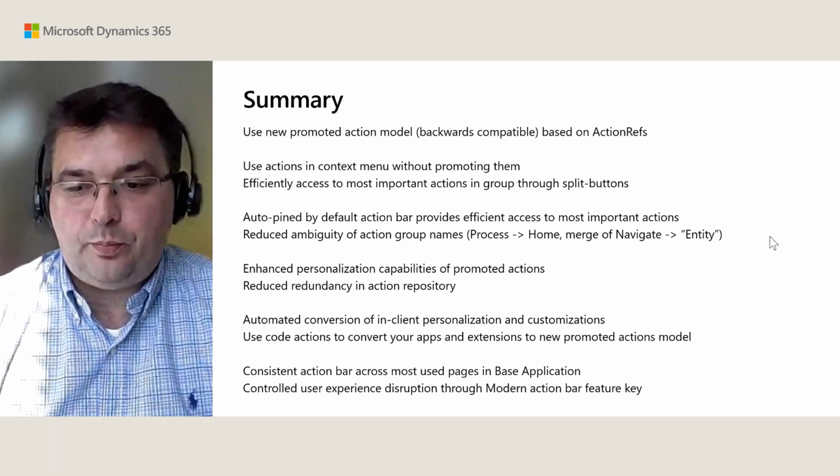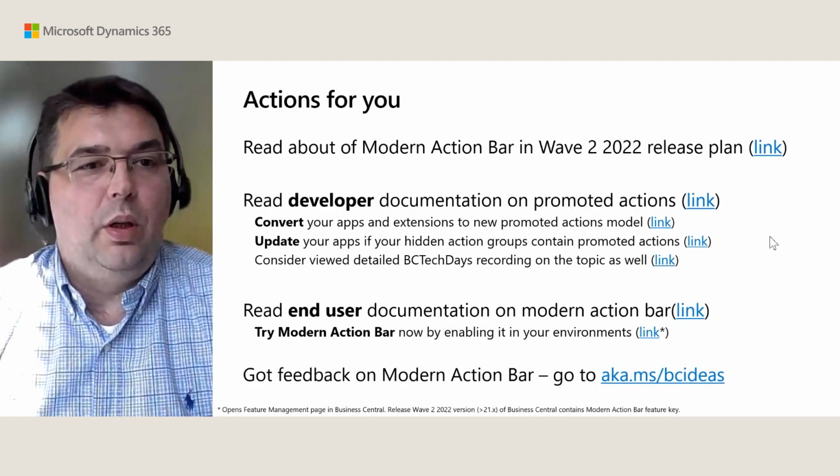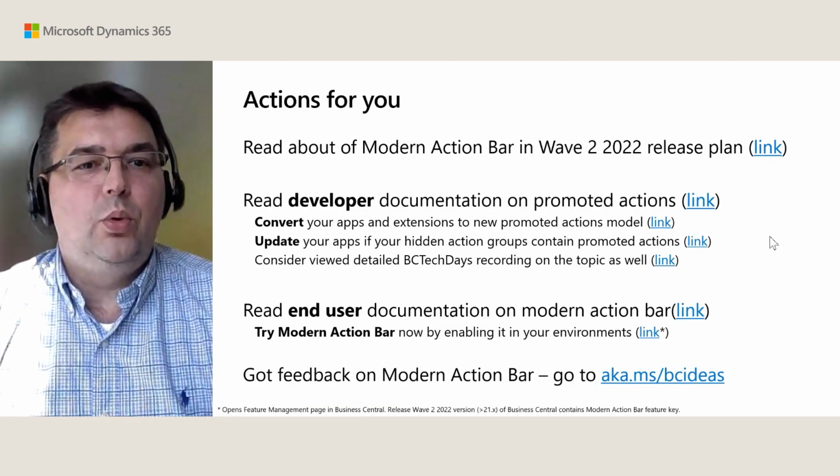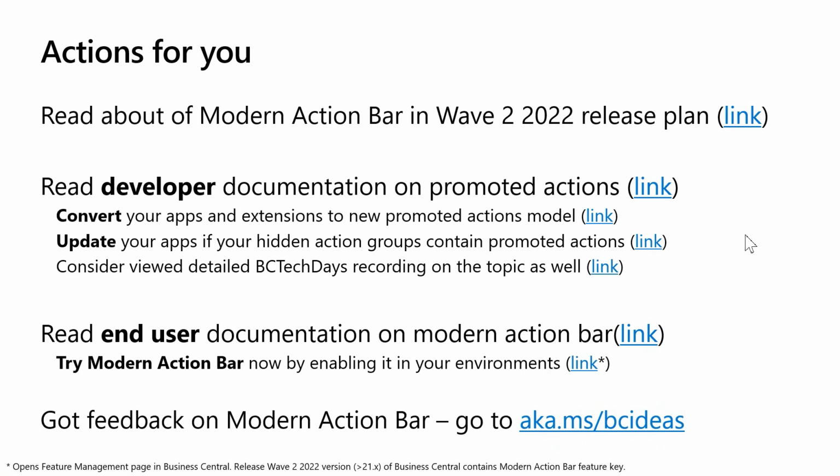In terms of to-dos or actions for you, I certainly recommend that you go out and read about Modern Action Bar in our release plans. If you are a developer, start converting your apps and extensions to utilize the new promoted actions meta model. In this session, you saw how easy it is.